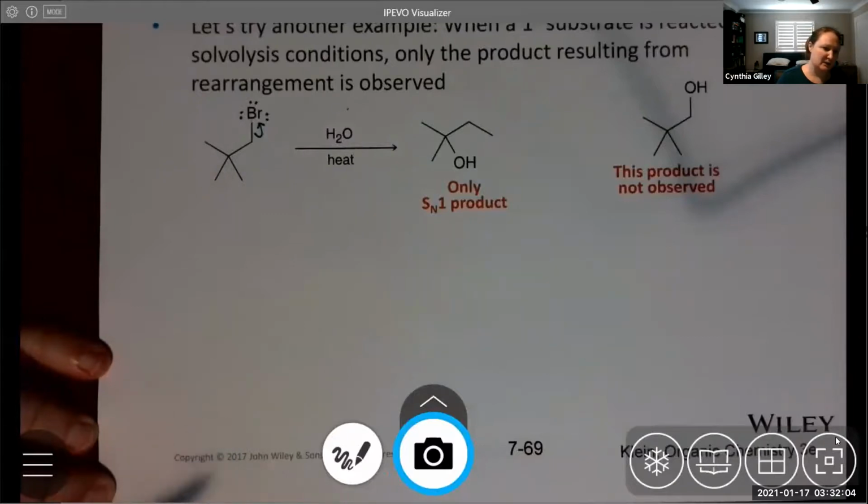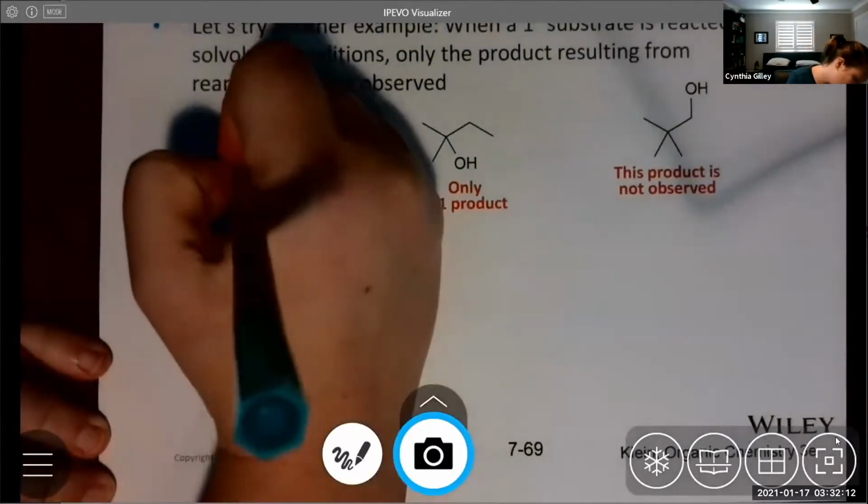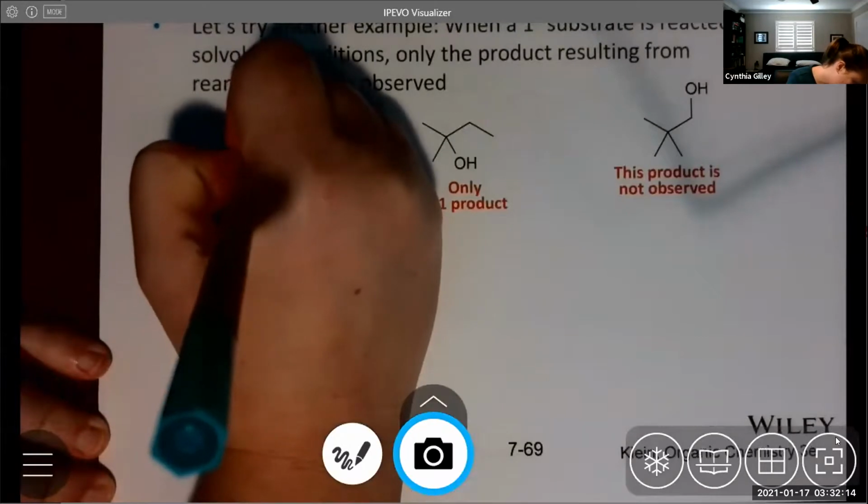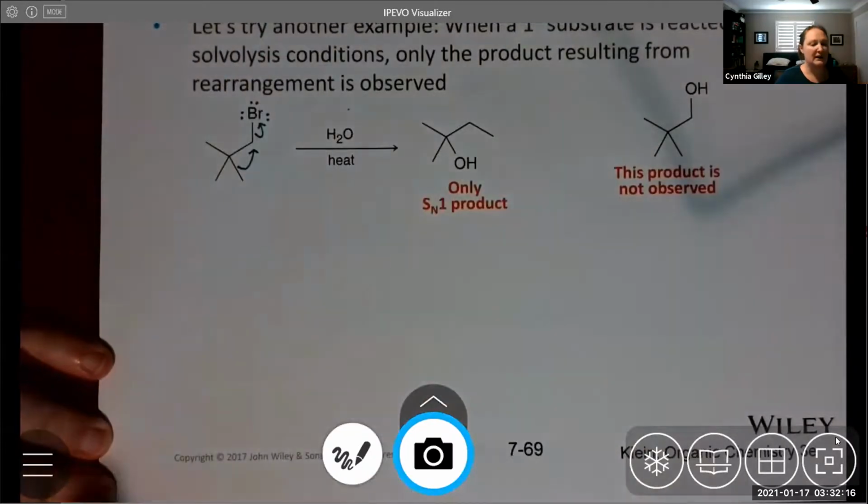Instead, what we can do is a simultaneous hydride shift, or in this case, I'm sorry, methide shift, along with loss of a leaving group. So if I essentially shift the methyl at the same time as the bromide leaves, I've combined steps, right?